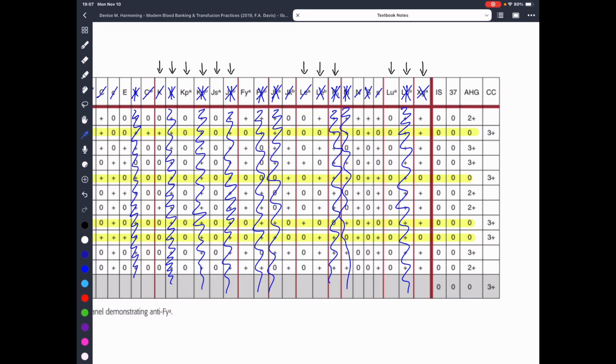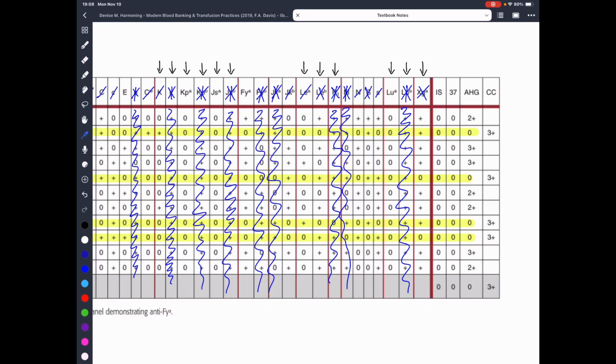FYA matches the patient results perfectly, which implies that FYA is the only antigen that the patient has antibodies against. But let's just look at LUA just in case. Maybe both of these are present and both are targets for the patient's antibodies.